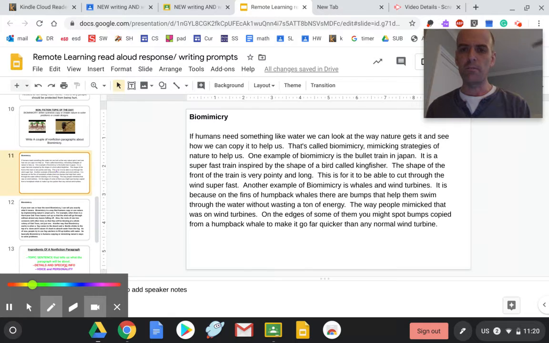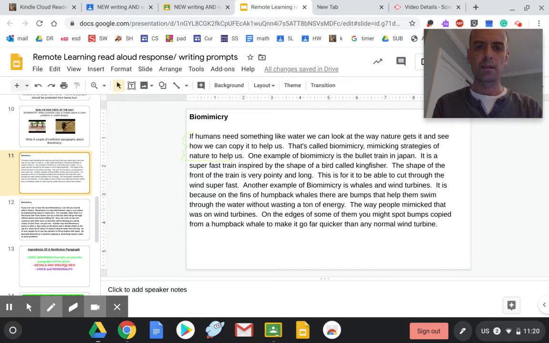That's called biomimicry, mimicking strategies of nature to help us. So I think these two sentences set up what the paragraph will be about. Mimicking strategies of nature to help us. And I like that they kind of gave us a sentence to get our attention, just like the last person.